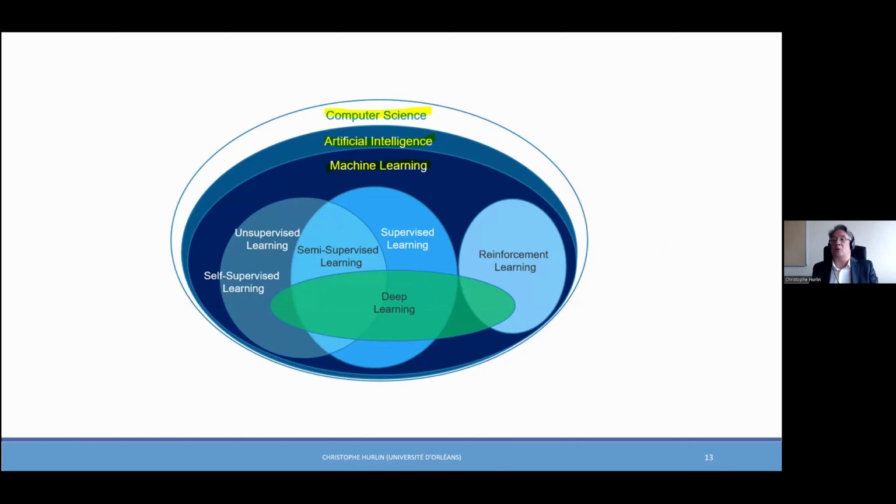Within machine learning, we have four different types of learning: supervised learning, unsupervised learning, semi-supervised learning, and reinforcement learning. I will not discuss here what self-supervised learning is. And we also have a very specific part of machine learning, which is deep learning.